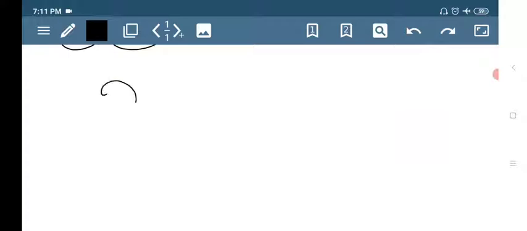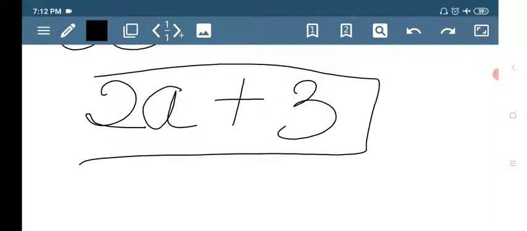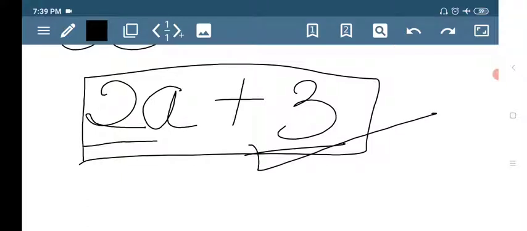if you have a number with some letter plus some other number, something like this, what do you call this in mathematics? So, dear students, 2a plus 3 is called an expression. It is called an algebraic expression.